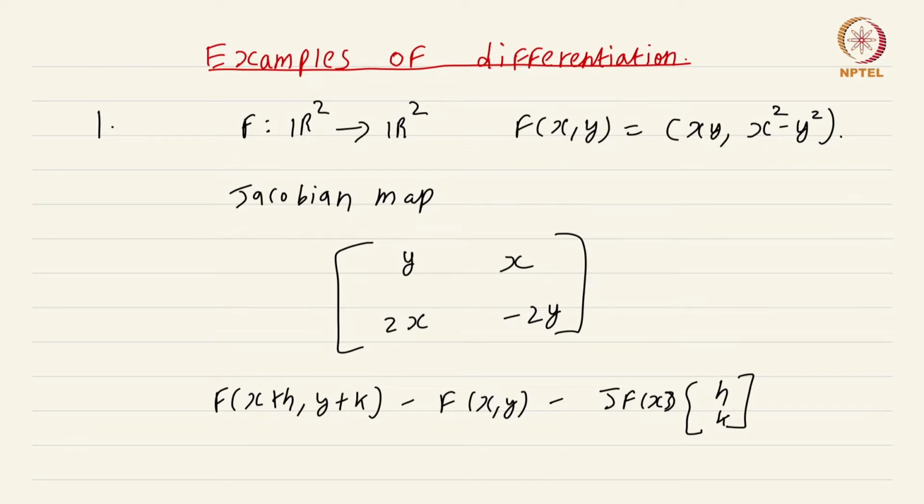So this will give you concretely what the error term is going to be. Okay, so let's compute this out. This is going to be x plus h into y plus k minus xy minus yh minus xk.